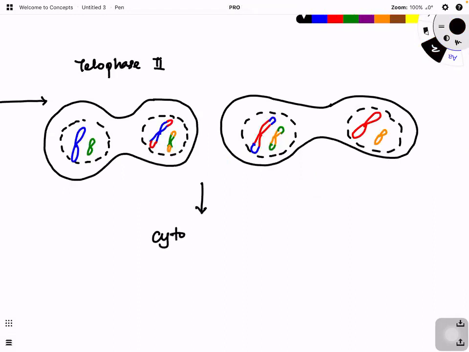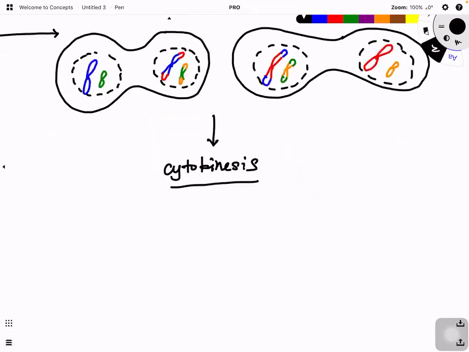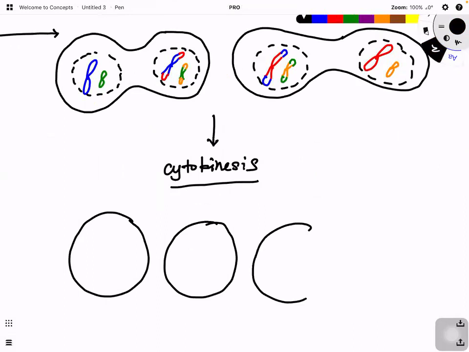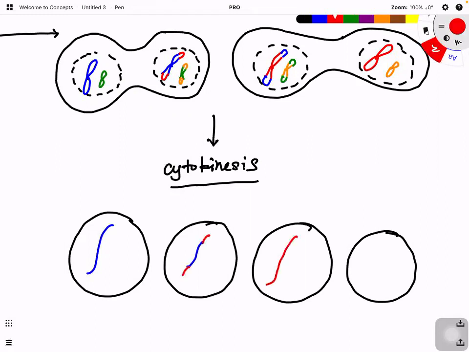After cytokinesis, what we're going to get here will be 4 cells. 1, 2, 3, 4. So this one will be the blue color, a little red, red. Oops, sorry.